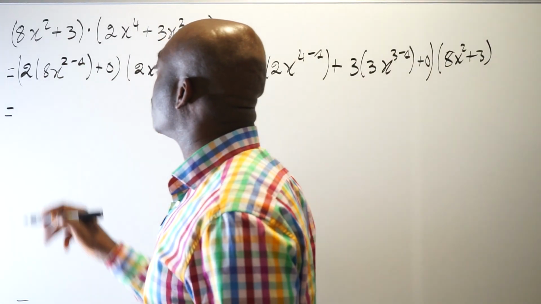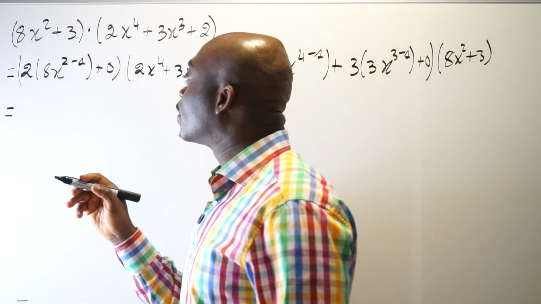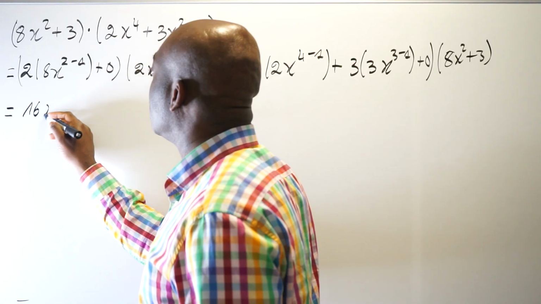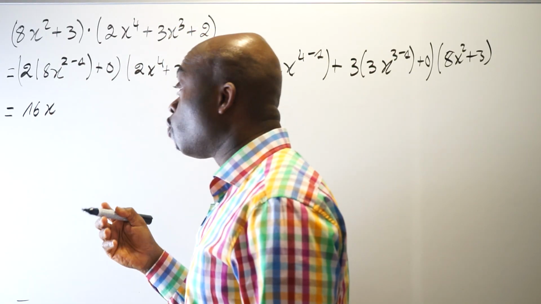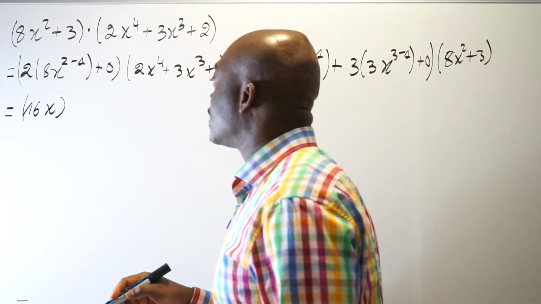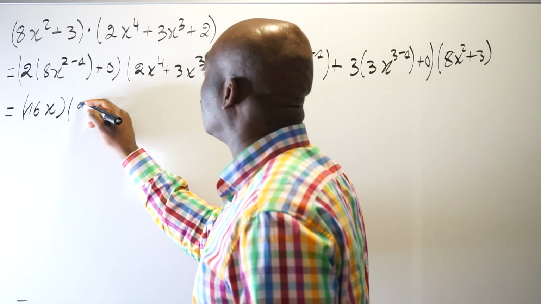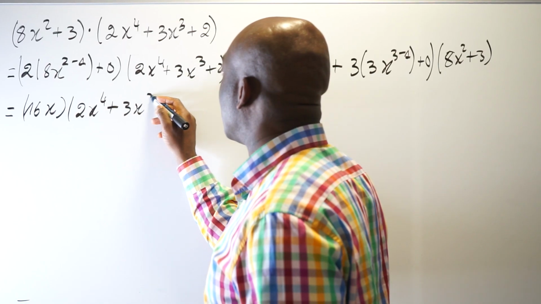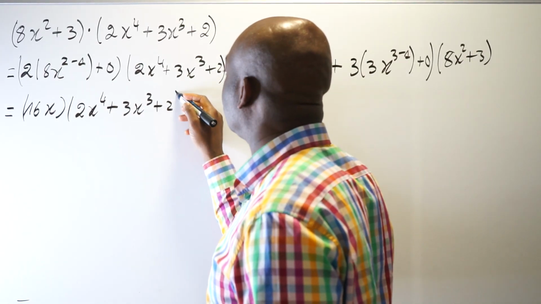Let's clean this up. It's going to give us 2 times 8, which is 16x, because 2 minus 1 is 1, and then plus 0. So we have 16x that we multiply by 2x to the fourth power plus 3x to the third power plus 2.